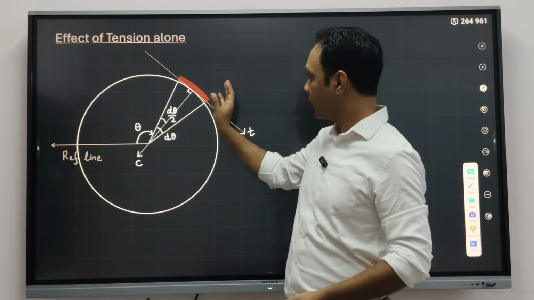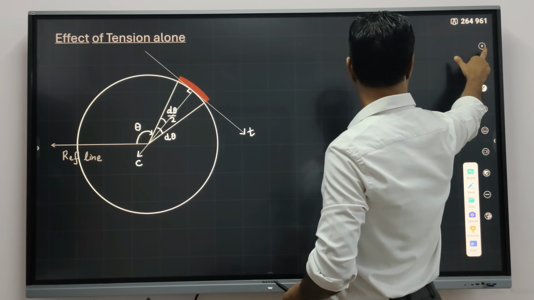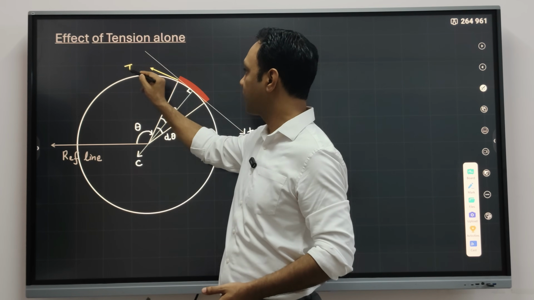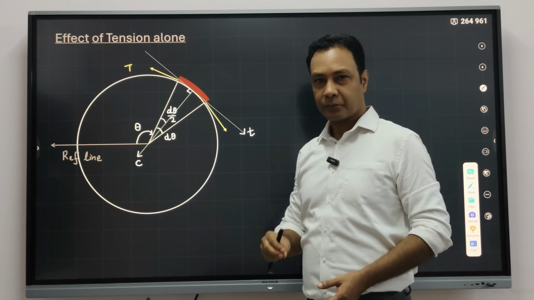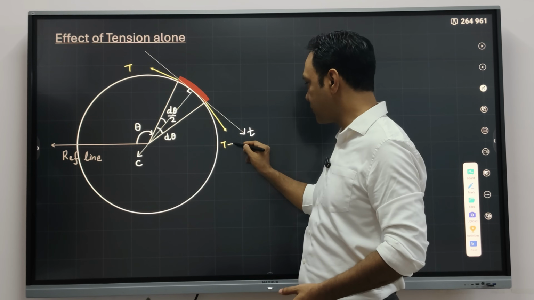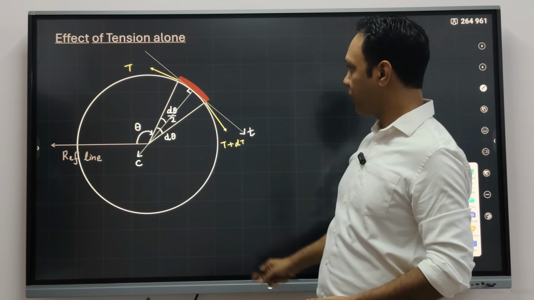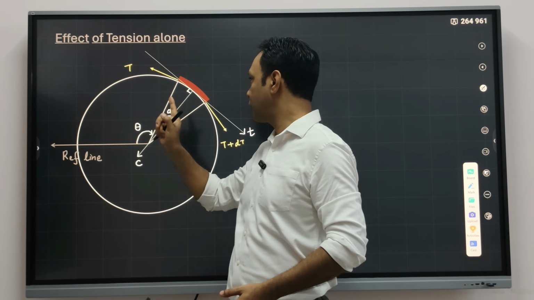This element is in contact with the string from this side and this side. So if the element on this side pulls the string with tension say T, then the tension on this side would be slightly more than that. So let me write that tension as T plus dT. I want to take the components of these two tensions along the tangential direction and the normal to that element.